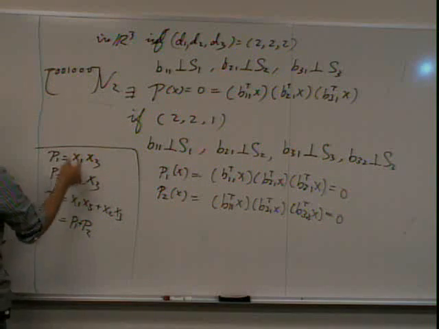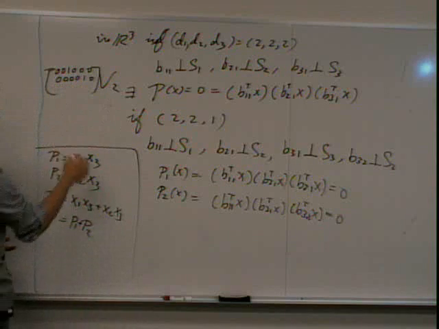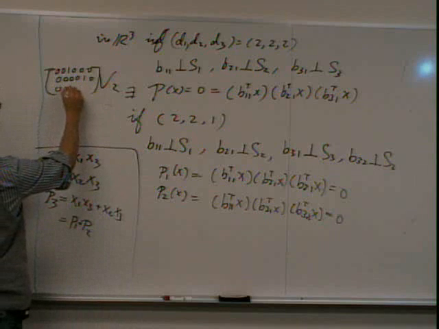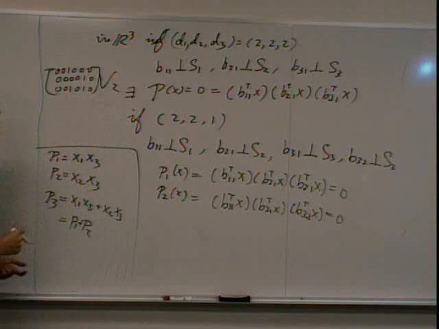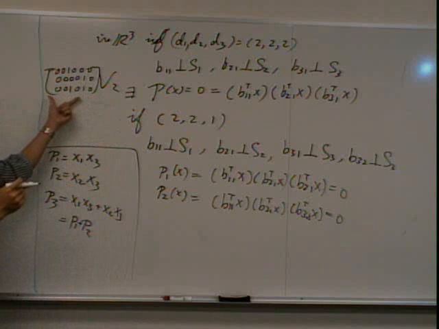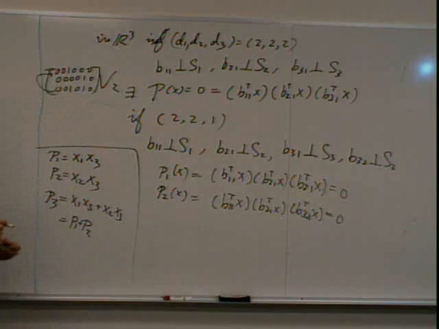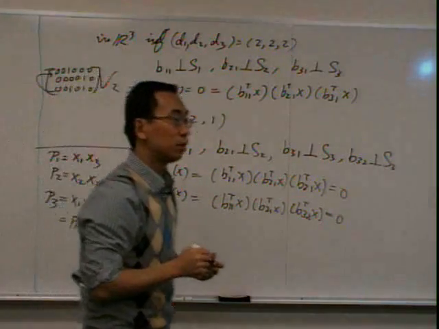The coefficient for this one is 0, 0, 0, 0, 1, 0. What's the coefficient of this one? The coefficient of this one is 0, 0, 1, 0, 1, 0. But this one doesn't give you an extra dimension for the null space, because this one is within the subspace spanned by the first two. So that's the reason. Okay?